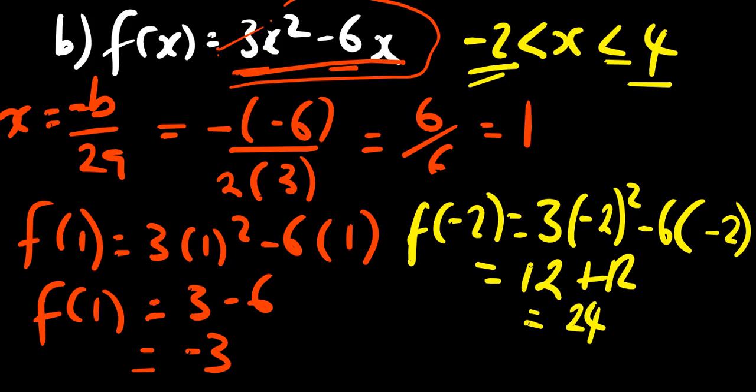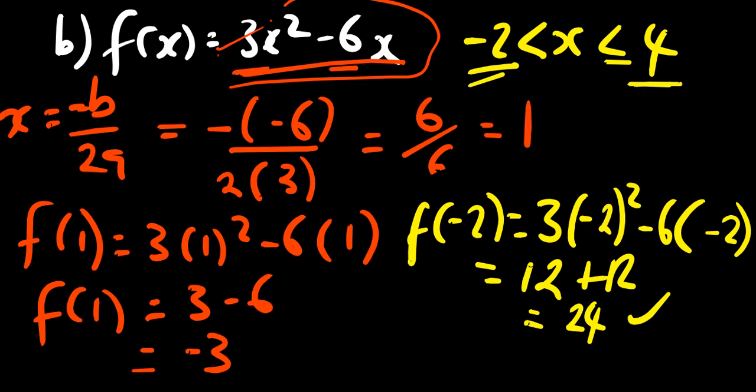So we found 24 for the y value on the other side. Our range in this case, I'm sure if we try 4 in here, it might also give us 24, because the range is just from one point to another.